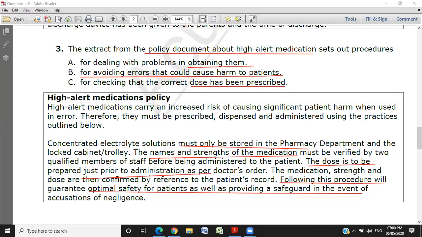Because if C was the correct answer, then the text would rather give information about what age of patients would need how much dosage, at what weight, how much dose would you give. So it's not about prescription, it's about administration of the medication. So excellent, everybody got the correct answer here.